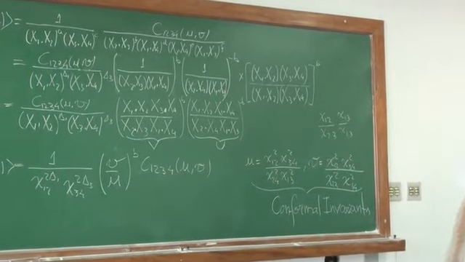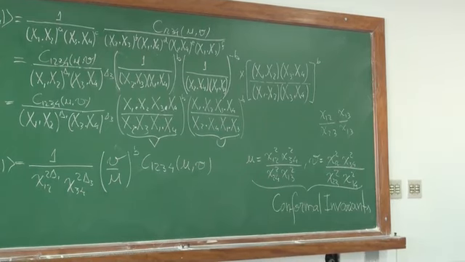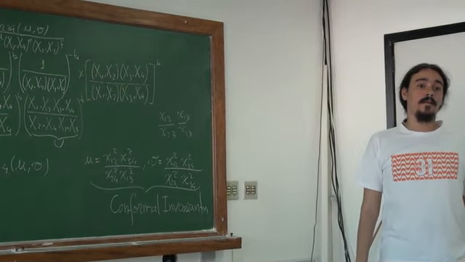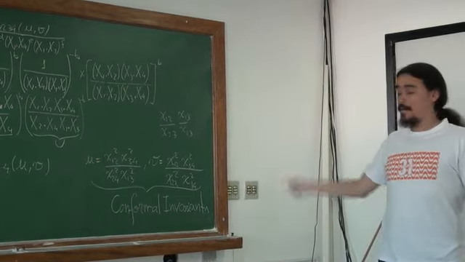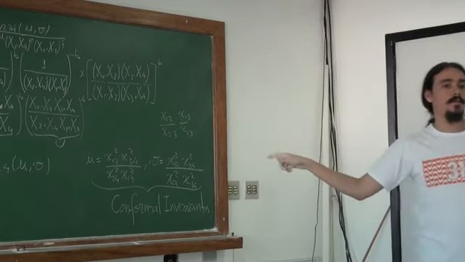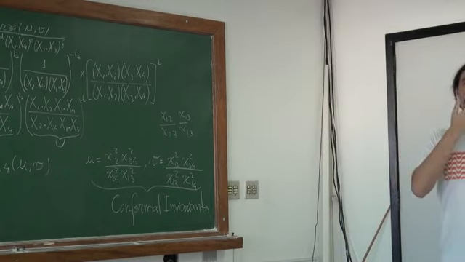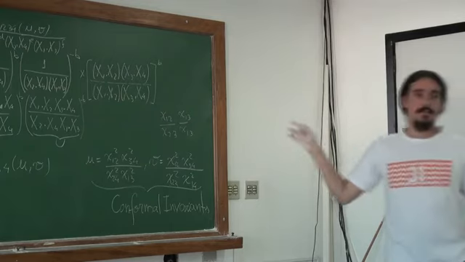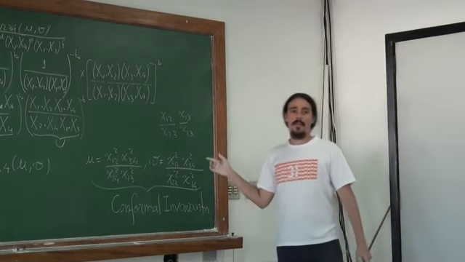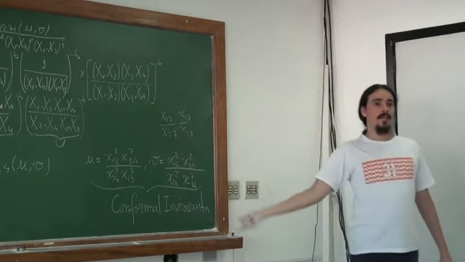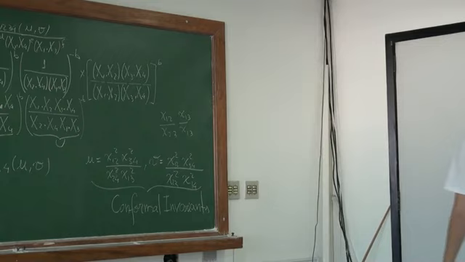For example, in both of those cases, we have x12 in the numerator, for both U and V. The denominator differs. But if we had something like x13, x24 in the numerator, and then changed the denominator, it's like V over U, or U over V, is also a conformal invariant.